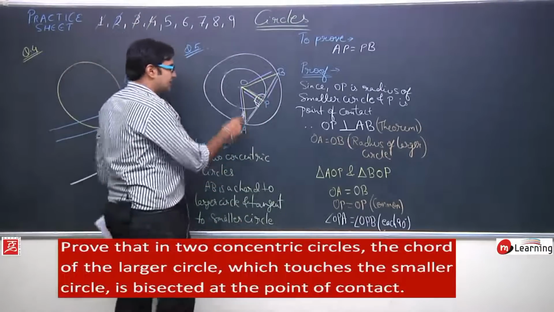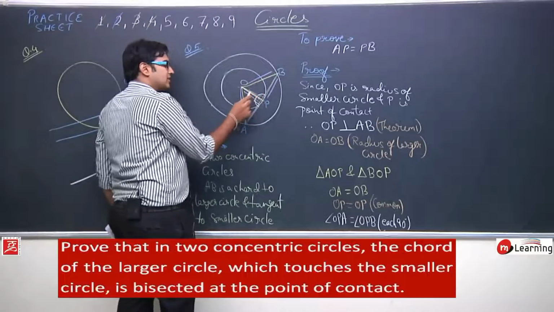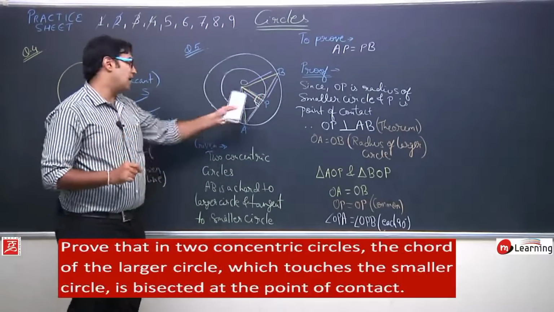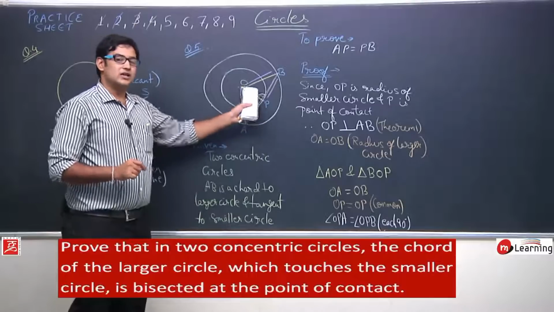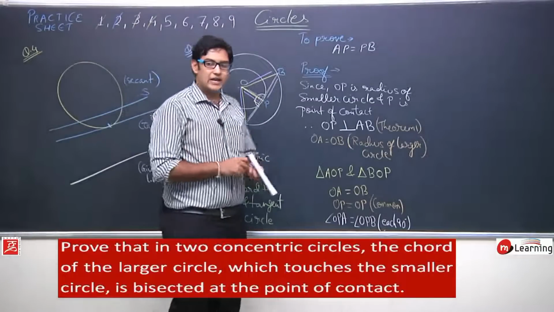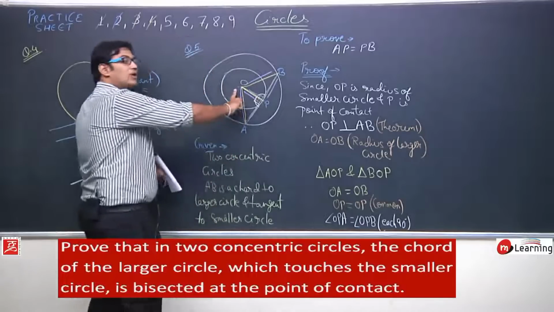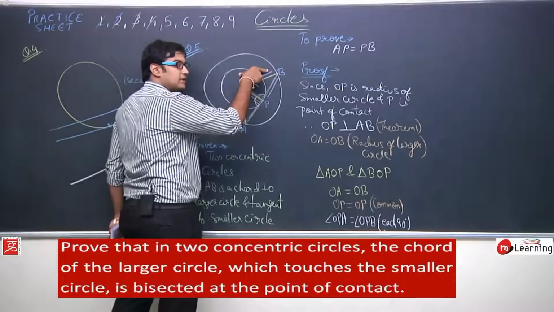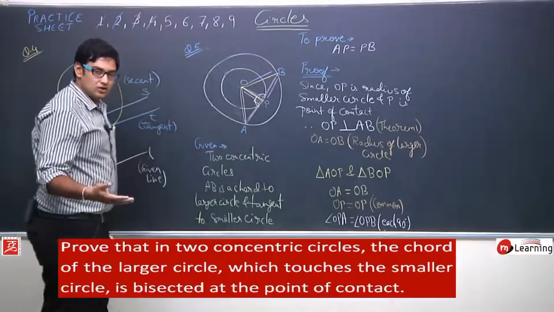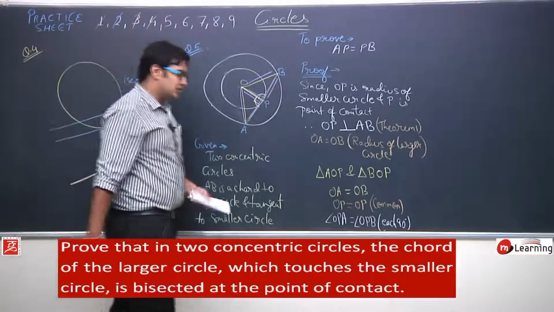So you can see that these two triangles are basically right angled triangles at these angles. And what is OA? OA is the hypotenuse. OB is also the hypotenuse. OP is basically the perpendicular or the side of this right angled triangle.